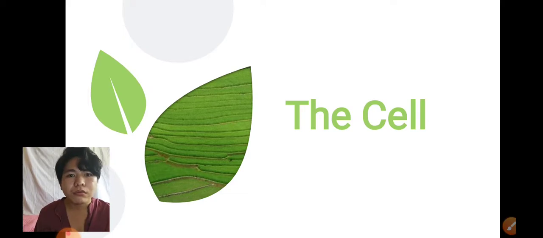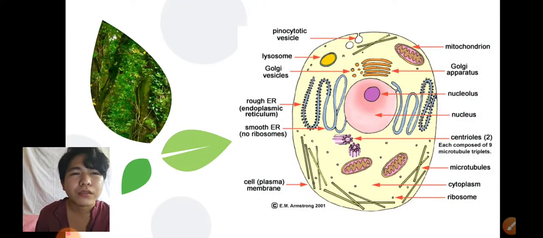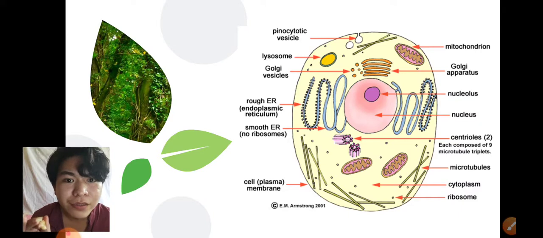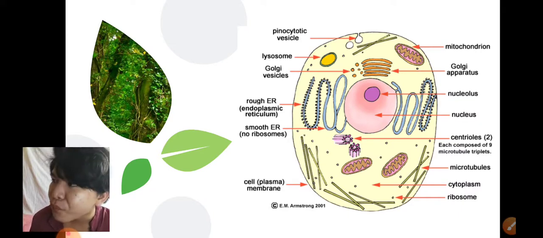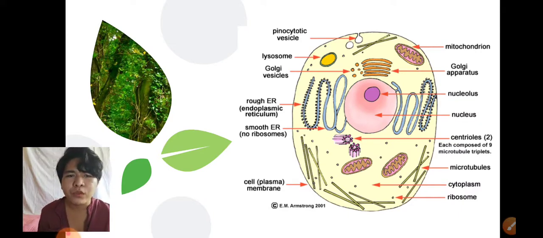And now, let's know more about the nature of the cell. What you can see is an illustration of the cell together with its organelles. So, can you tell me if it is a plant cell or an animal cell? You got it right.